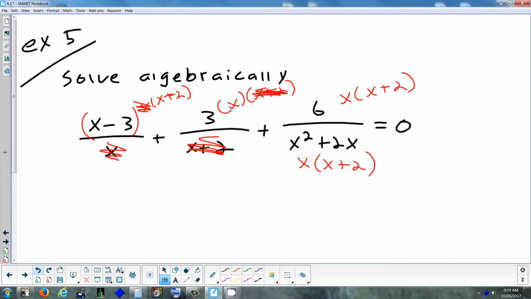X plus 2. X plus 2. And Gracie, what's going to cancel out in the third fraction? The whole denominator. Okay, multiply what you have left. So we're going to get x squared plus 2x minus 3x minus 6 plus 3x plus 6 equals 0.